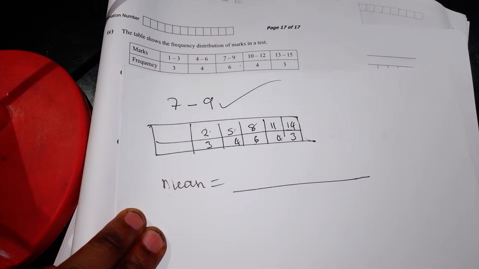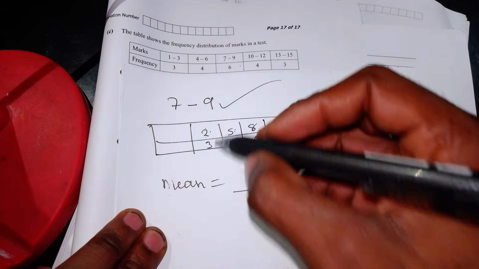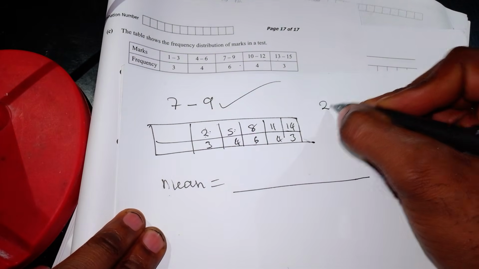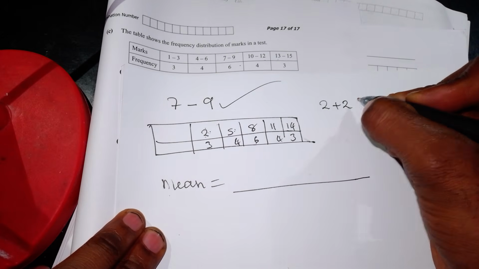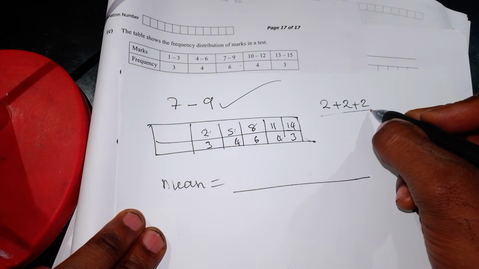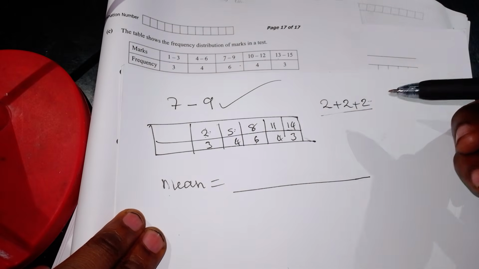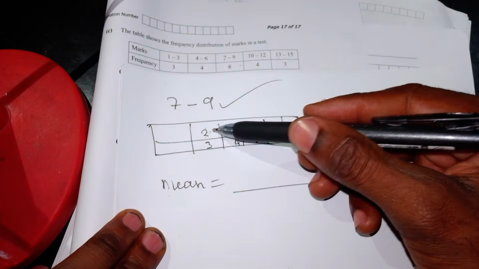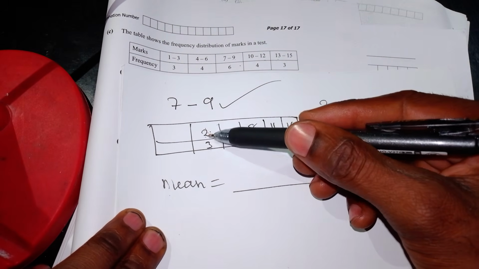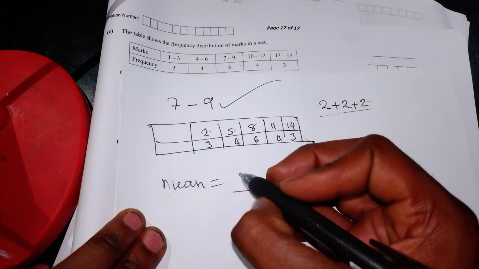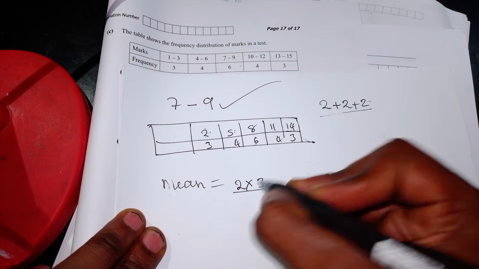So what I mean here is I have three 2s. So instead of me writing them like this, which will consume a lot of my space, I can just say we have 3 2s. In other words, 2 3 times.